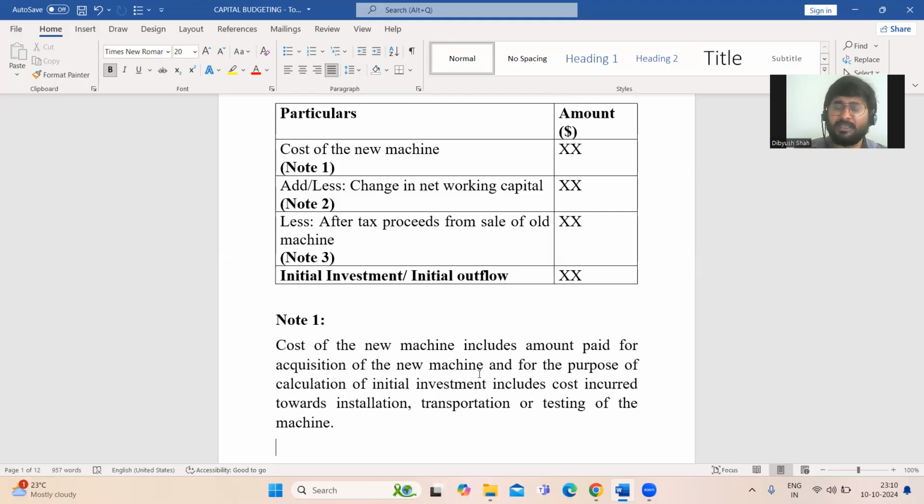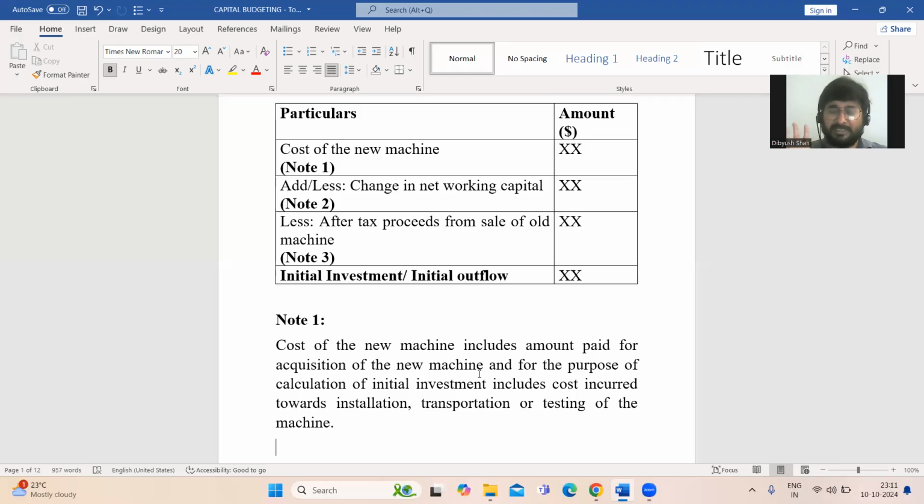Any cost paid to install this machinery so that it can be ready for production, to serve its purpose. So the third cost is installation cost for the new machine, which is also part of cost of new machine. And last, testing. If you are having test runs, that will also be part of cost of new machine only.